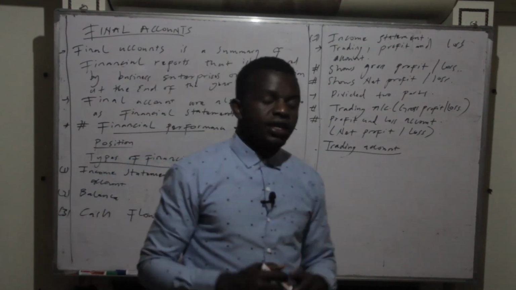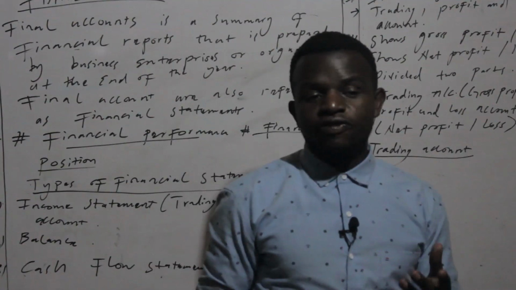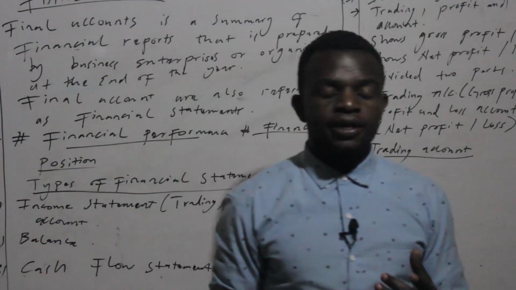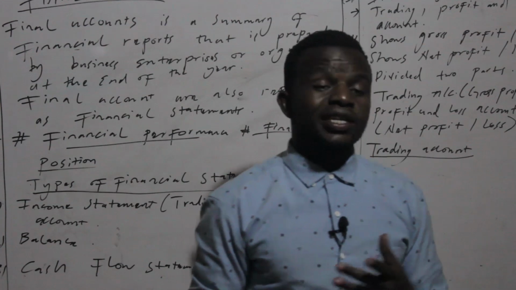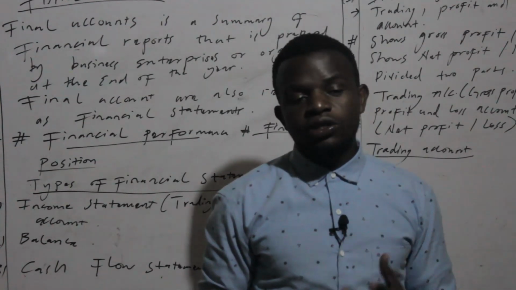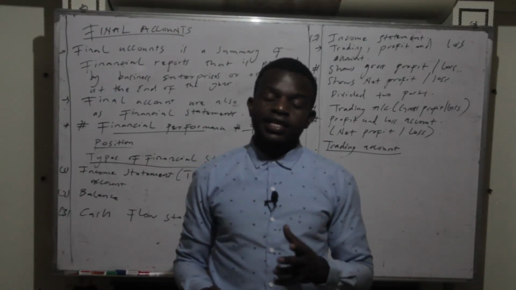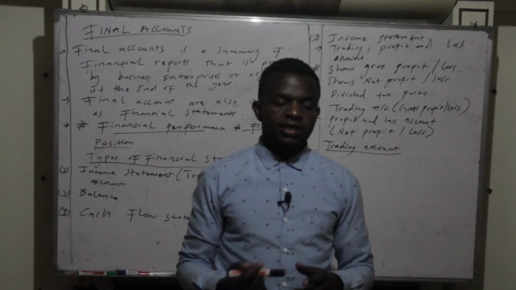account. The gross profit is found when the net sales is greater than the cost of sales. Then the gross loss is found when the cost of sales is greater than the net sales.